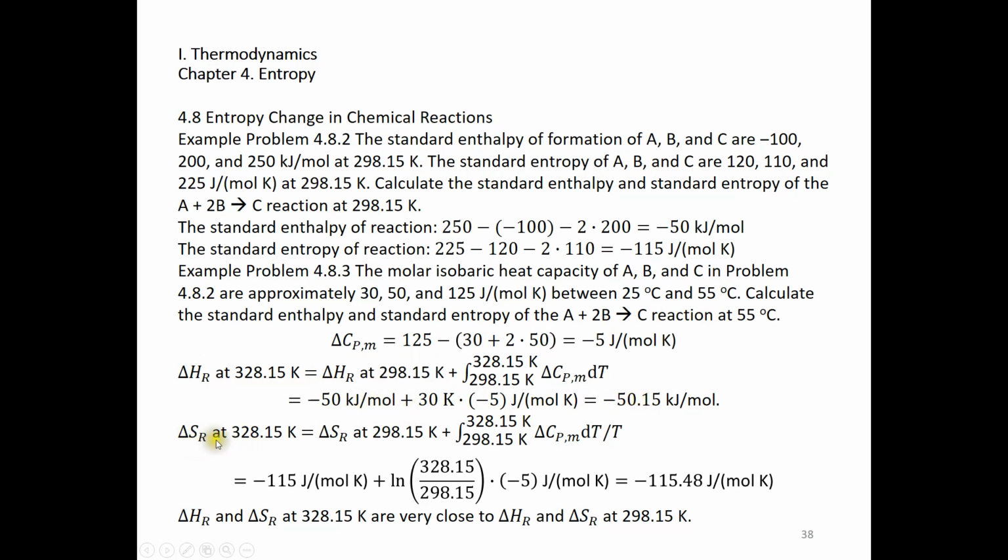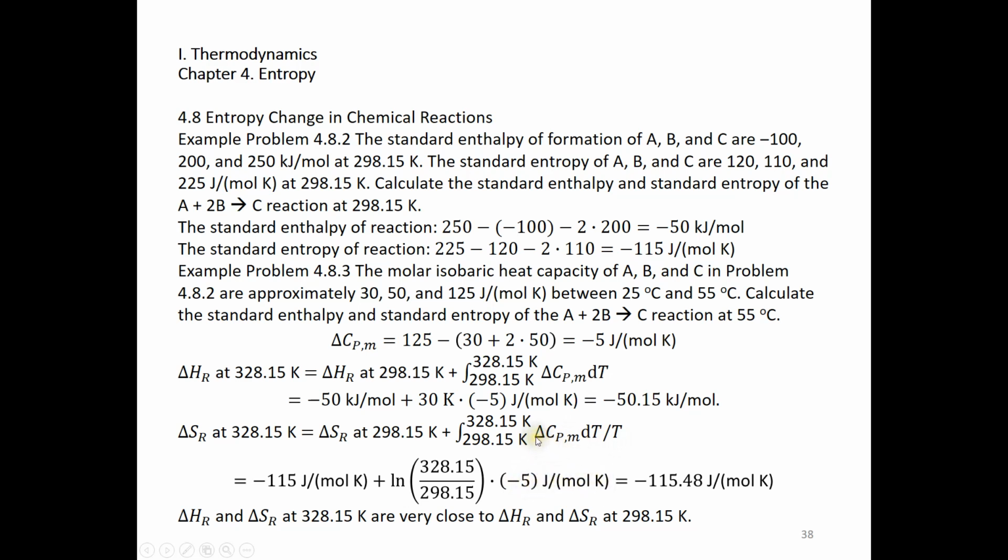Now let's look at the entropy of reaction at 55 degrees Celsius. It's equal to the entropy of reaction at room temperature plus this integral of delta CPM dT divided by T. We need to integrate this. We do have delta CPM, which is negative 5 joule per mole Kelvin.